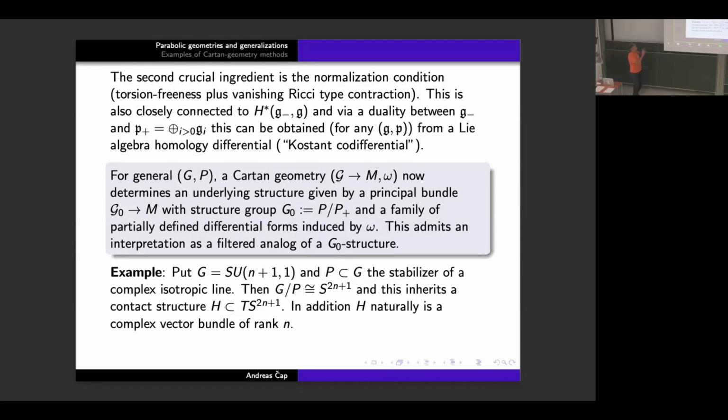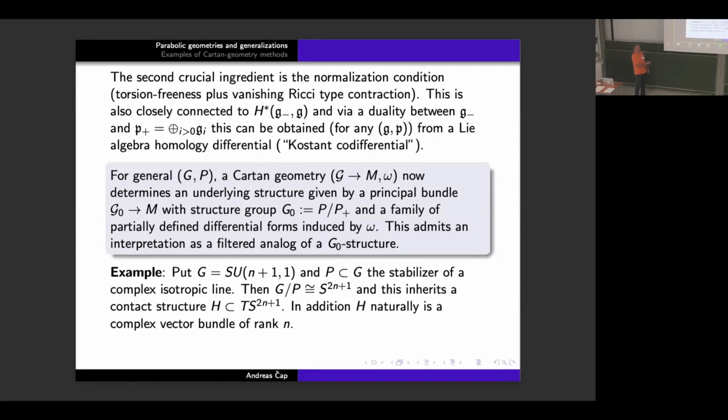This is just the complex, or if you want, the unitary version of conformal geometry. So instead of SO(n+1,1), you start with SU(n+1,1). So this is a Lorentzian Hermitian form. This again has a null cone, but I don't feel able to draw it because already yesterday the dimensions were much too low.